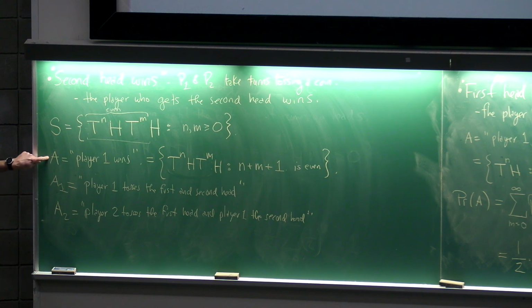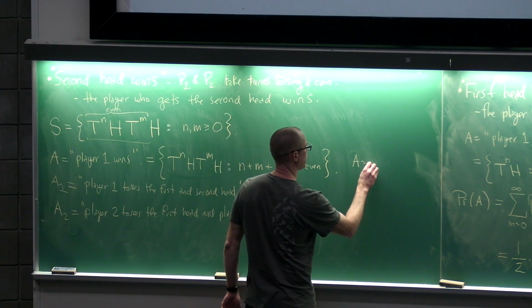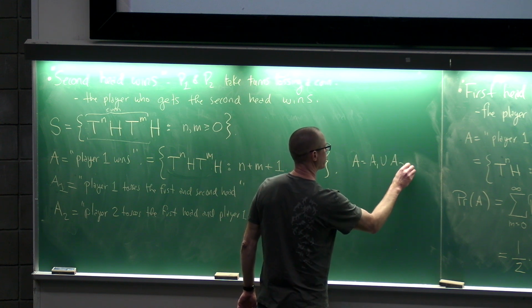So this event, player 1 wins, you can break it down into two disjoint events. Player 1 wins and player 1 tossed the first head, and player 1 wins but player 2 tossed the first head. That's nothing special there. So we definitely have A equal to A1 union A2.